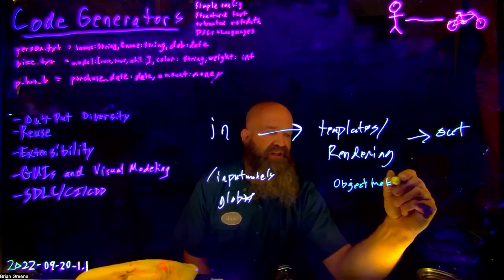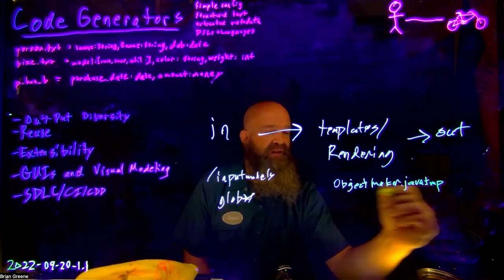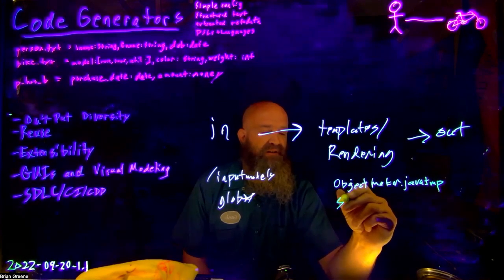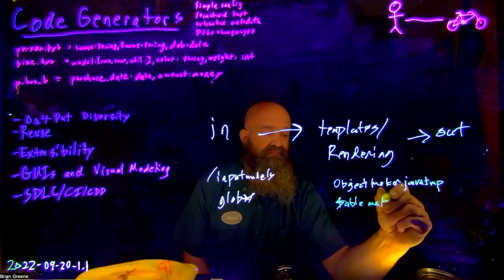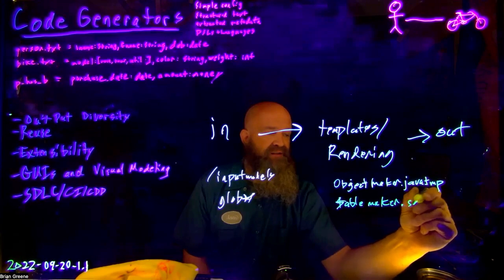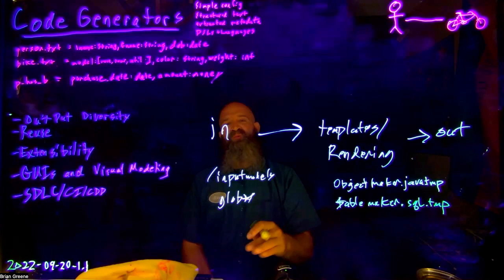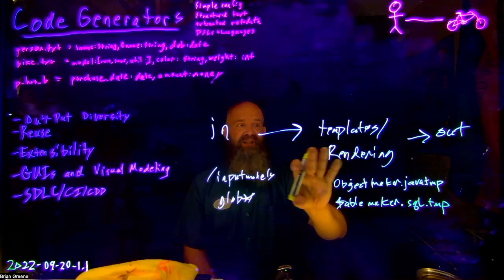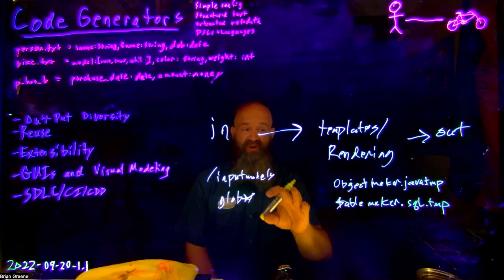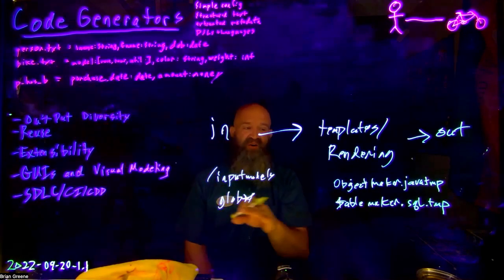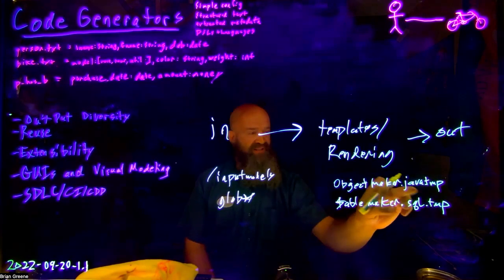This is object maker .java .tmp, and this is going to be SQL maker, table maker .sql .tmp. So now we're saying our templating engine is going to do this many to many relationship for our code generator. What we're saying is for each of these input models, I want you to run through each one of these templates. And you can see we've created this little convention.